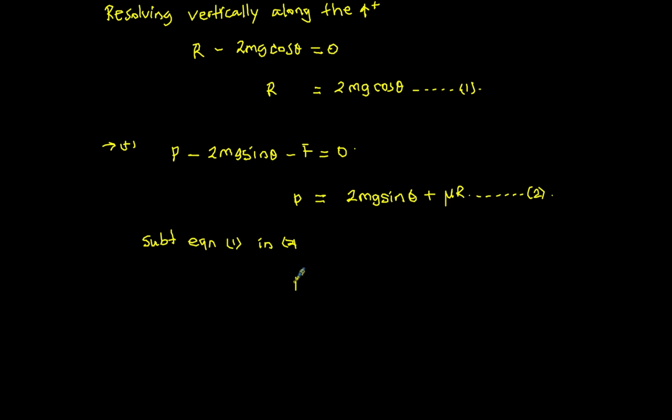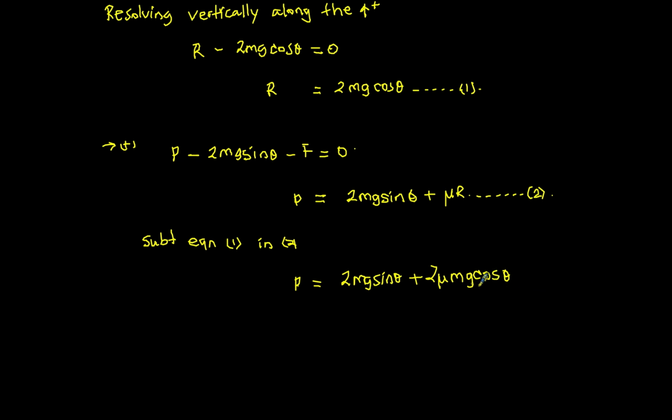So P will be equivalent to 2 mg sine theta plus mu, and this one is 2 mg, so we first write 2 mu mg cosine of theta.